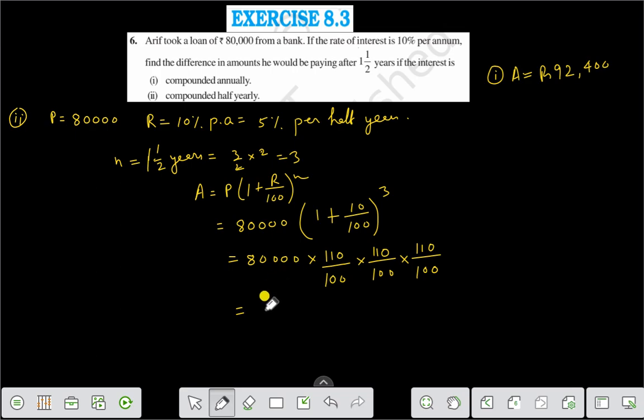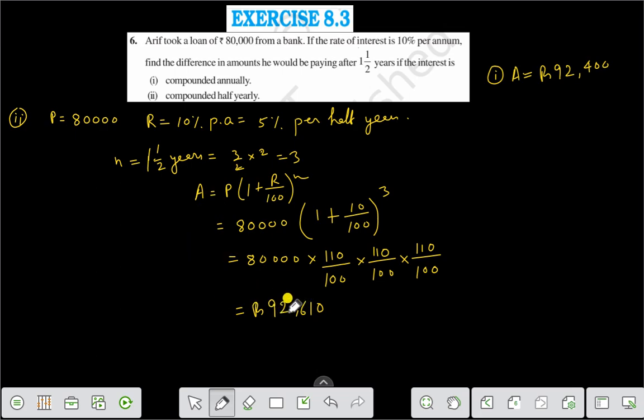After calculation we are getting rupees 92,610.